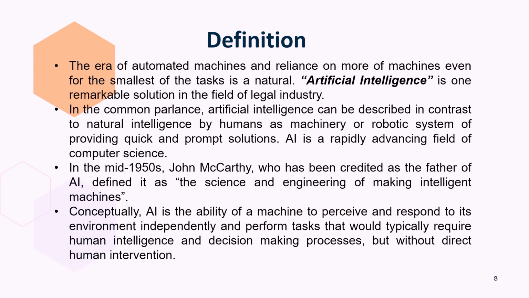So far as the definition is concerned, it is one remarkable solution in the field of the legal industry these days, and it is basically automated machines, and the reliance on one or more machines, even for the smallest of tasks, is basically done in the field of AI. In common parlance, artificial intelligence can be described, in contrast to natural intelligence by humans, as a machinery or robotic system of providing quick and prompt solutions.